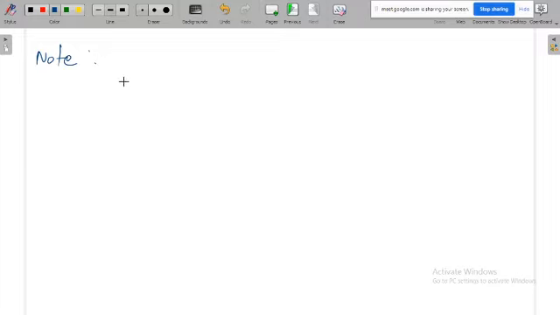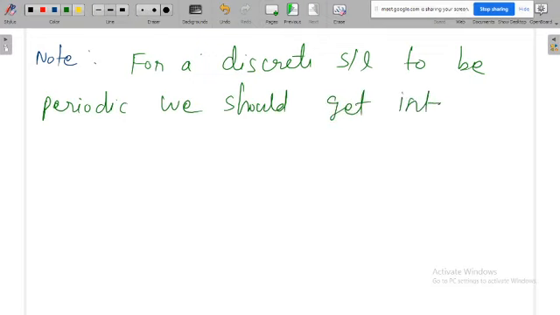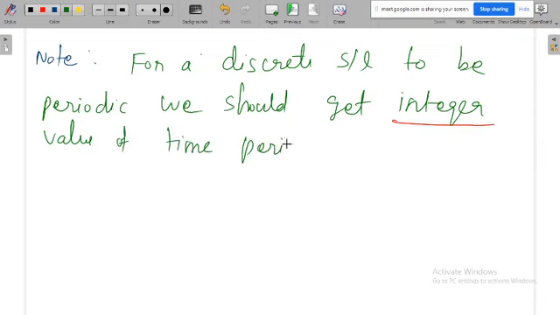So finally, what is the note? For a discrete signal to be periodic, we should get an integer value of the time period by substituting integer values of k.